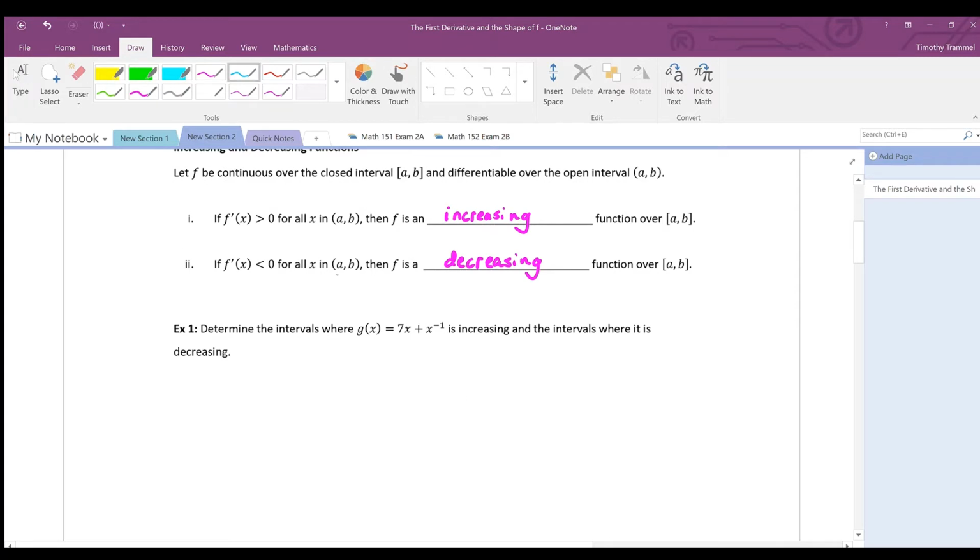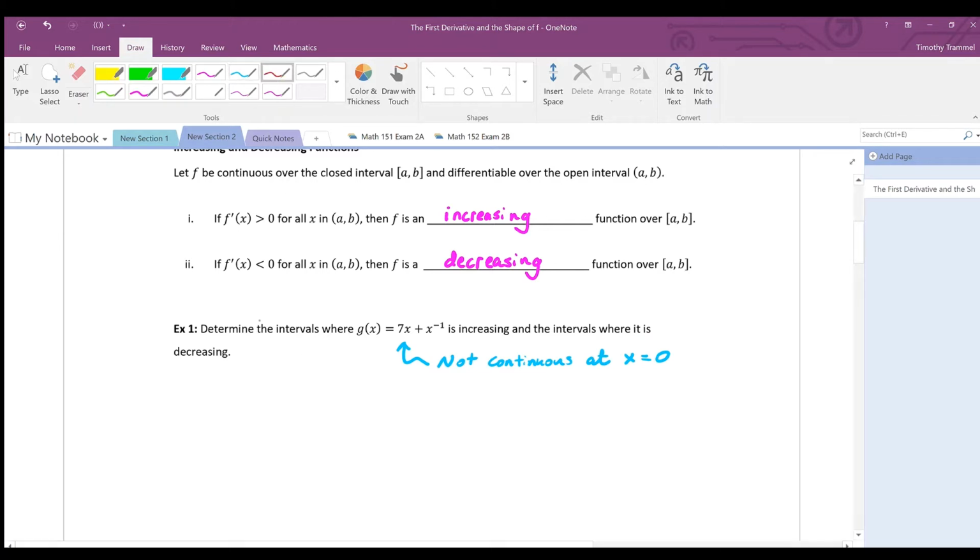And so I want us to note that it is not continuous at x equals 0, right? If you have 0 to the minus 1, that's going to be 1 over 0 to the 1, which is undefined.